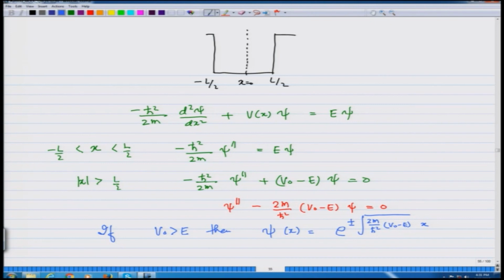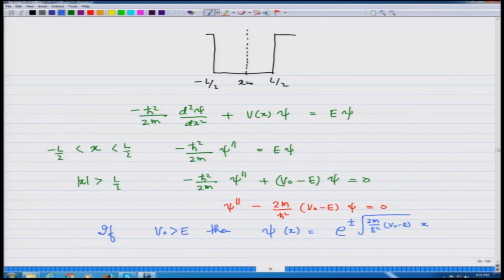And therefore, for x greater than 0, by choosing the minus sign, I can make the wave function decay. For x less than 0 on the negative side, by choosing the plus sign on the e raised to whatever power, I can make the wave function decay as I go towards x equals minus infinity.